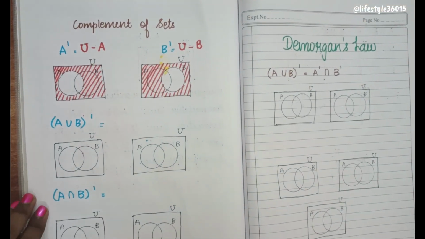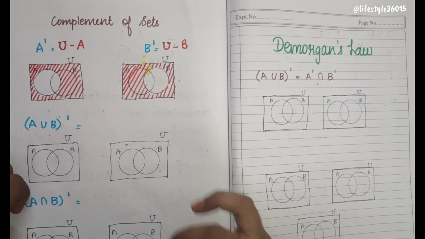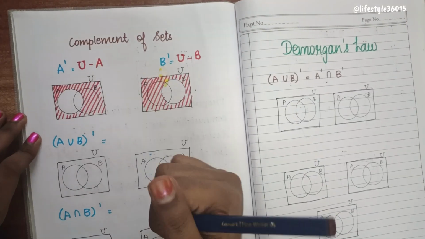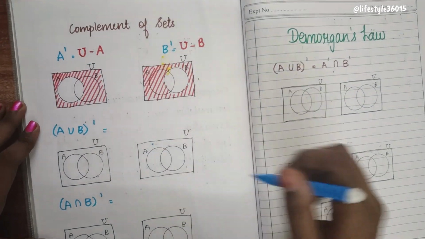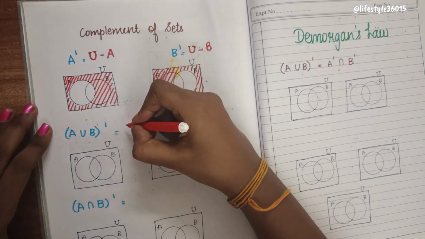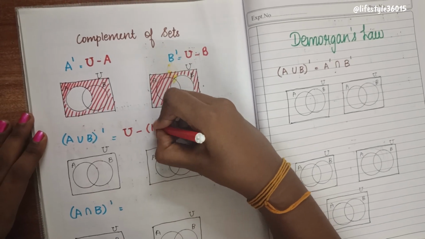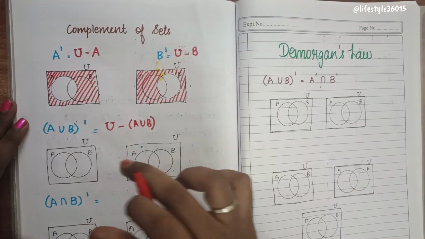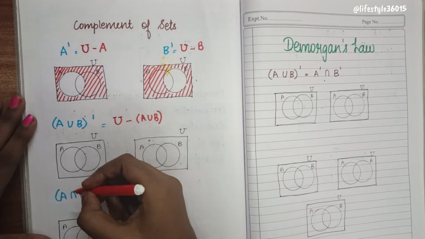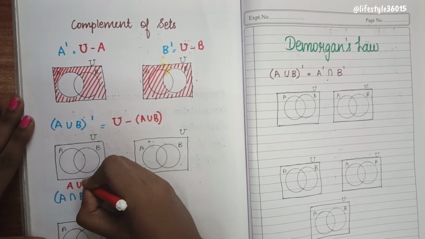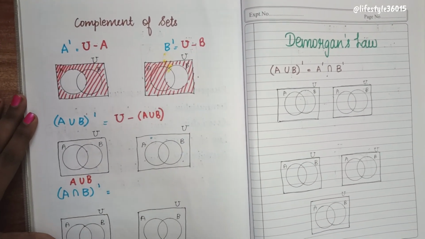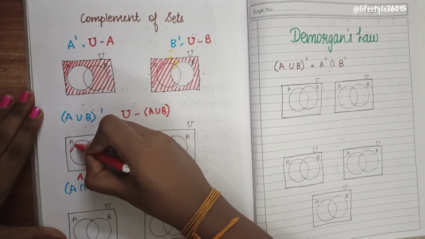Now we will learn how to do A union B the whole dash. First let's learn the formula. A union B the whole dash is nothing but universal set minus A union B. We have drawn two Venn diagrams. First let's draw A union B. I have already taught you, right? How do we do A union B?